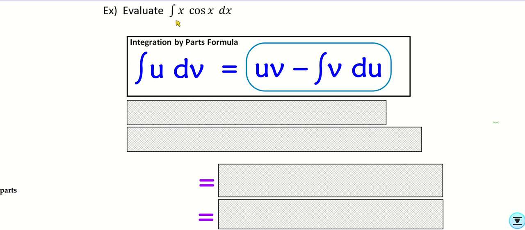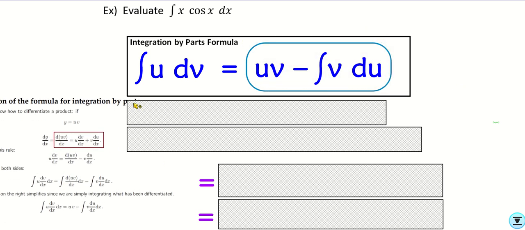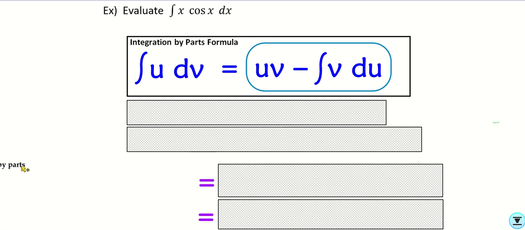If you can somehow match your original problem up with basically the integral of u times dv, like something times d-whatever, then that can be switched out with this. Again, there is a deeper dive you could look into about why the integral of some generalized u times dv would actually be equal to uv minus the integral of v du.